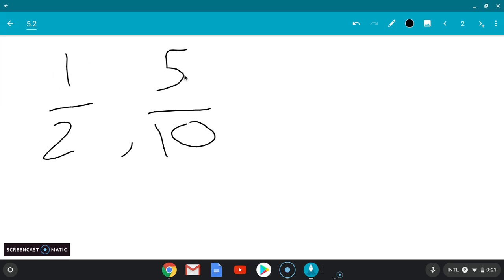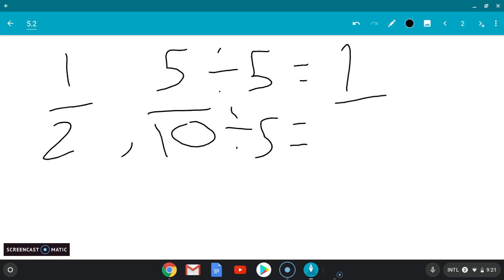You can simplify it by 5. 5 divided by 5 equals 1, right? And 10 divided by 5 equals 2. So it simplifies down to 1/2, same as this, okay? So these 2 ratios are proportional.